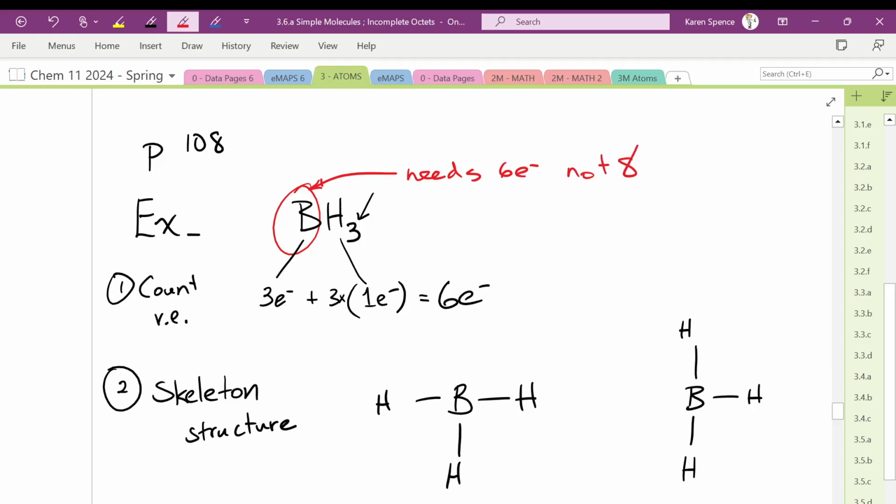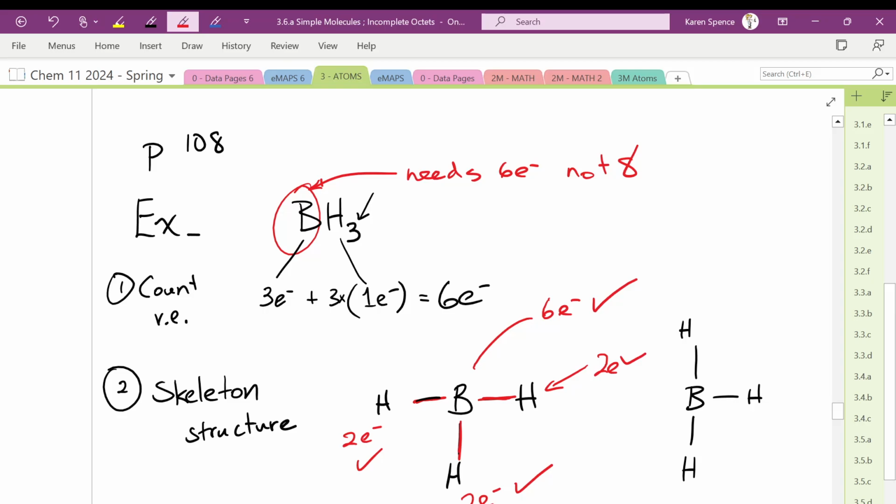So we don't want to add a lone pair. Do not add a lone pair because how many electrons does boron have right now? 2, 4, 6. 6 electrons. Check. Each hydrogen has a bond, so it has 2 electrons. Check.